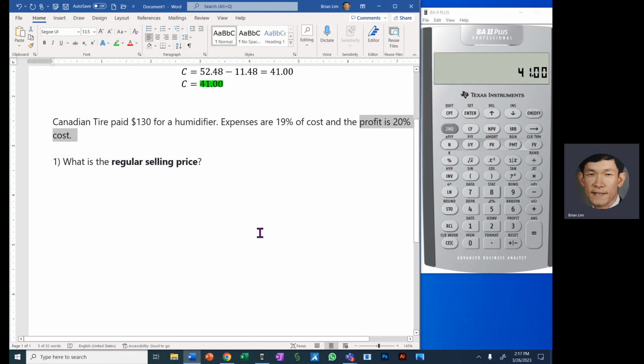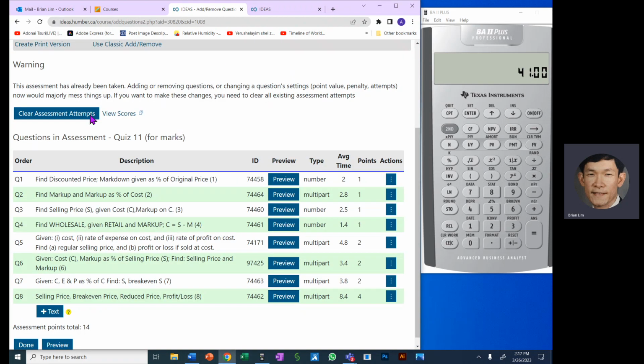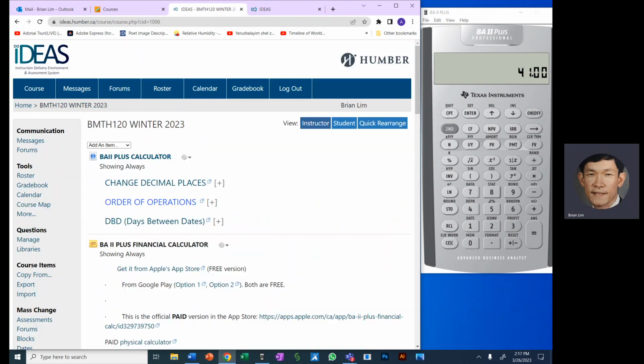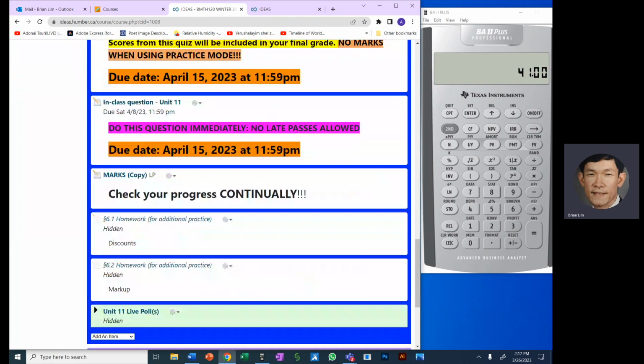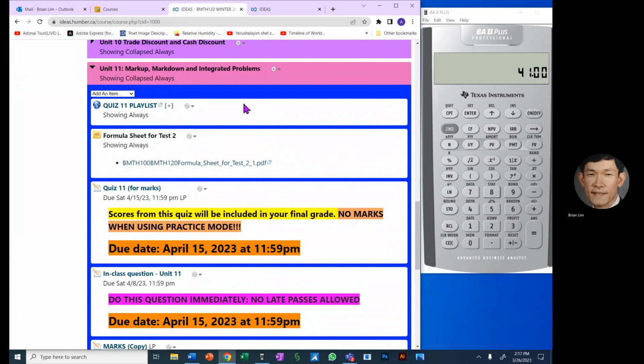All right, now, in case you are looking for the formula sheet, you can go to the questions, and if you go to number 11, there we are.